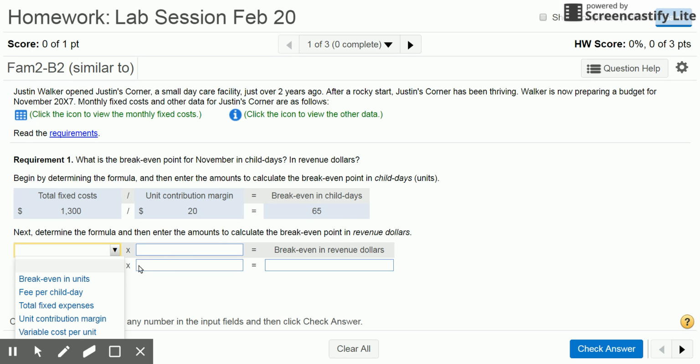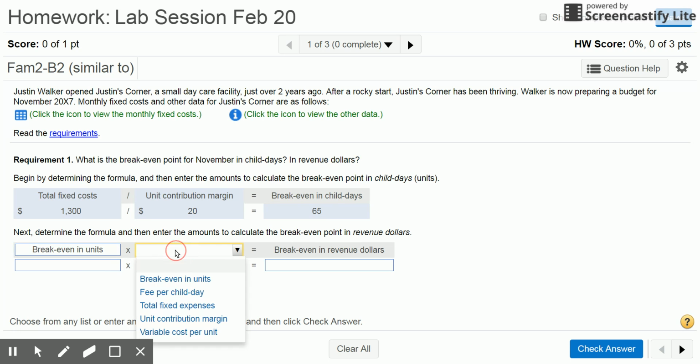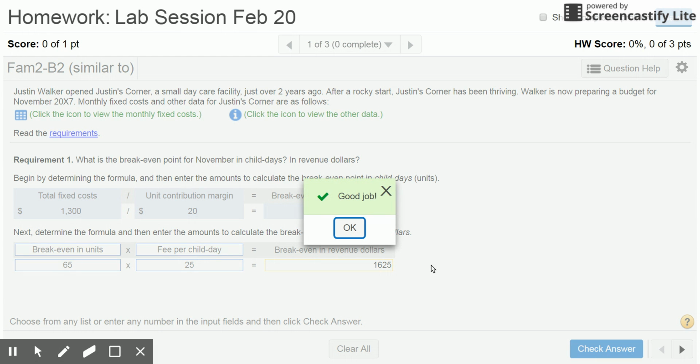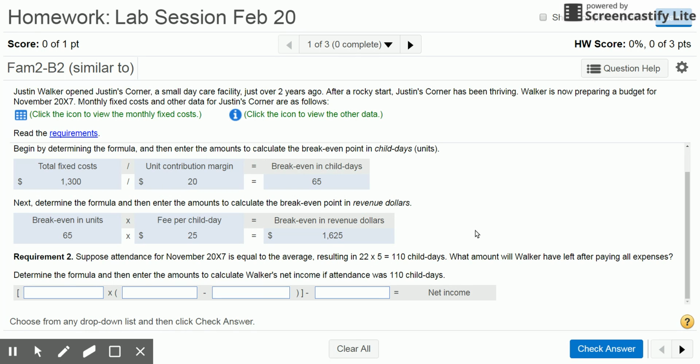Our break even in units should be multiplied by the fee that we are charging per child day. So break even units was 65. Fee for per child is $25, and the answer is 1,625. So that was the first part of the question.